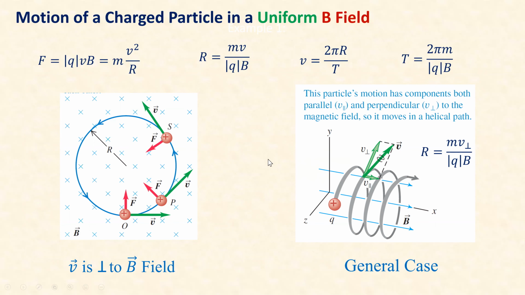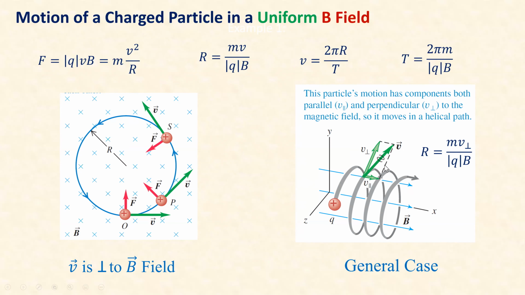If the velocity is not perpendicular to the magnetic field, it has 2 components. One is perpendicular to the magnetic field, one is parallel to the magnetic field. It goes on a circle because of the perpendicular component, and because of the parallel component of the velocity, it goes forward or backward, depending on which direction that is.